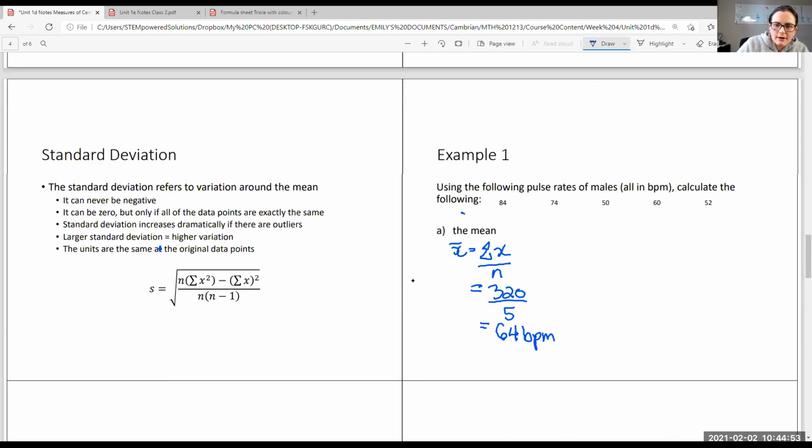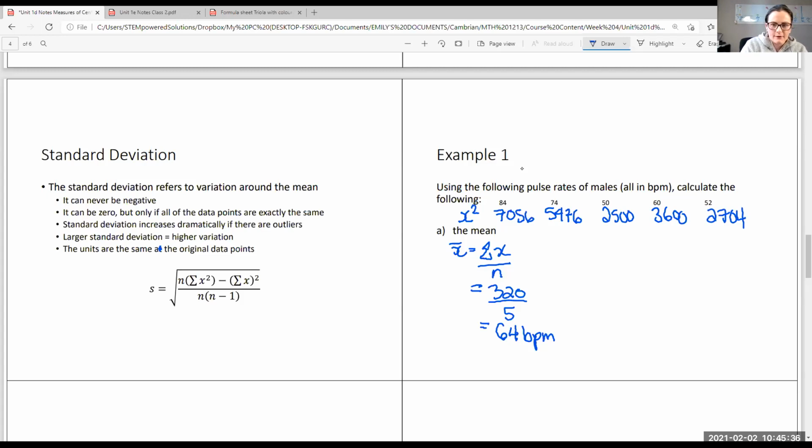So I'm going to create a little table of x squared. 84 squared is equal to 7,056. 74 squared is equal to 5,476. 50 squared is equal to 2,500. 60 squared is equal to 3,600. 52 squared is equal to 2,704.